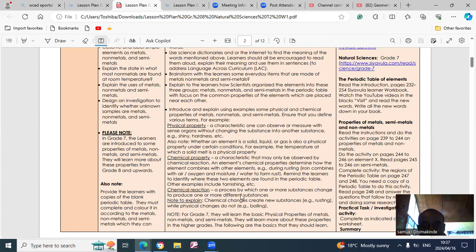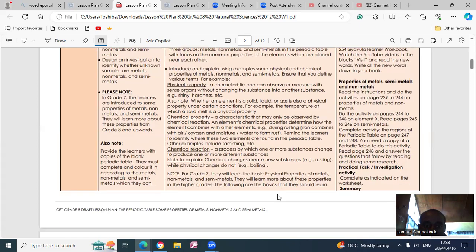A very good example is what we have seen in the previous point. Iron, for example, is a pure metal. So when you react iron with oxygen and moisture, a new substance known as rust is formed. And you see the property of rust is way different from that of iron and oxygen.